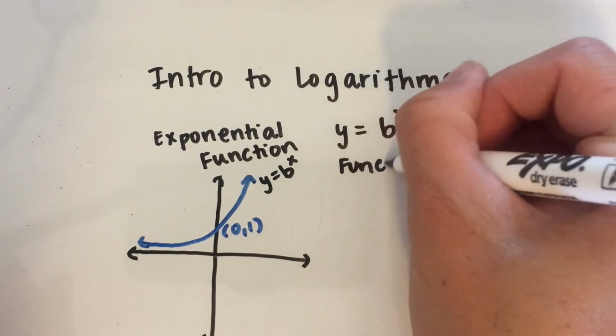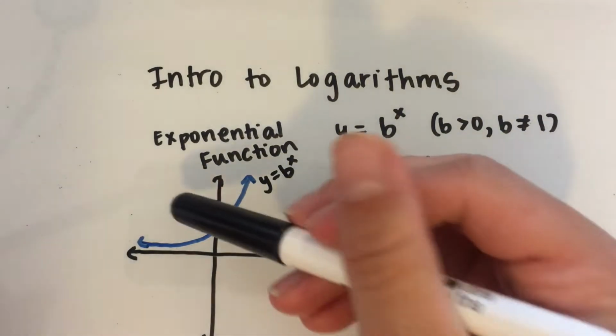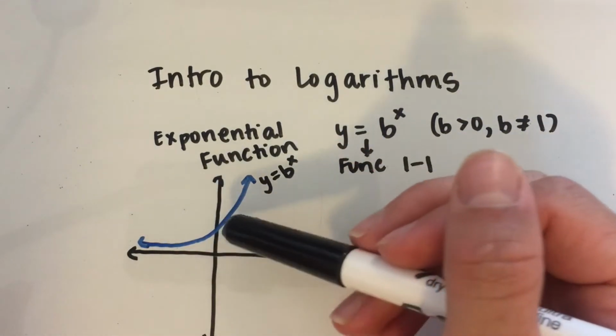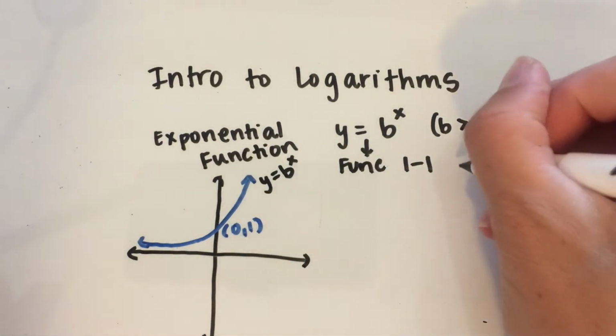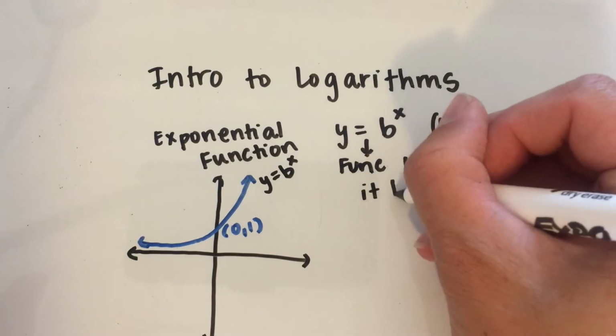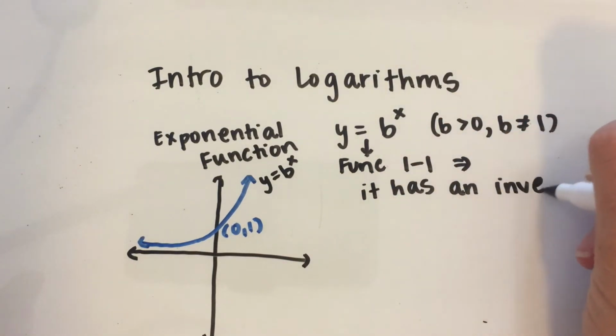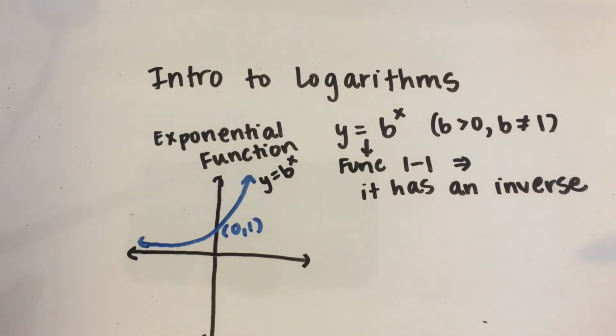And this function is 1-to-1 because it passes the vertical line test, which means that when you look vertically at the function, only one point is there. And since it's 1-to-1, this function has an inverse.